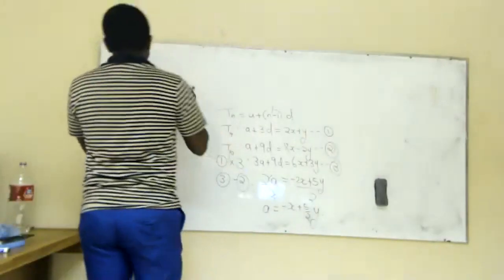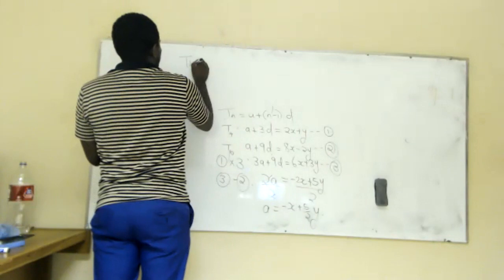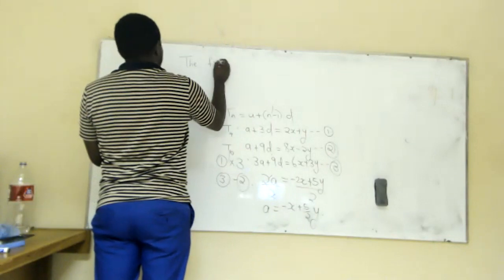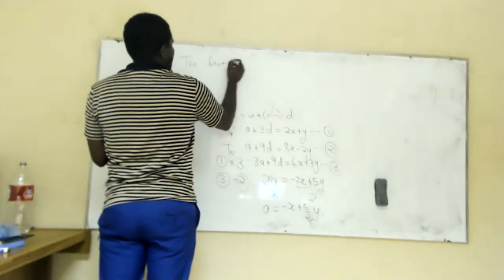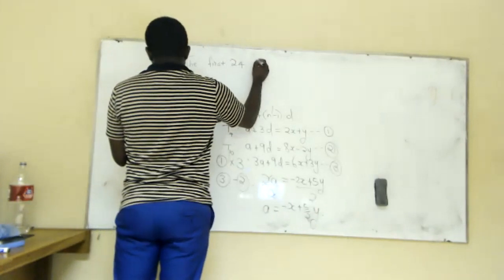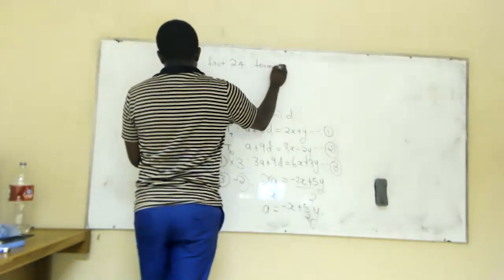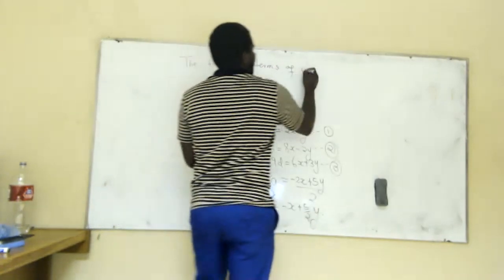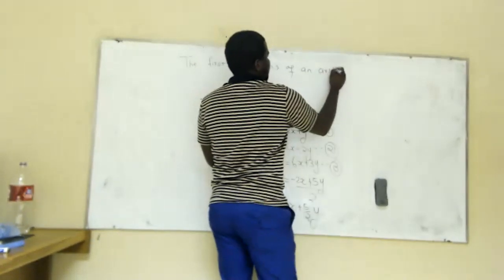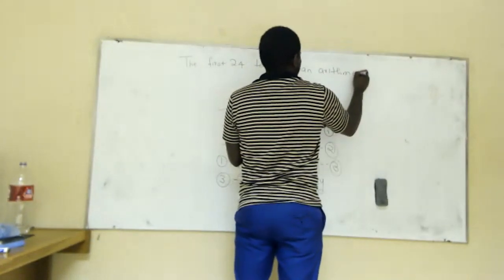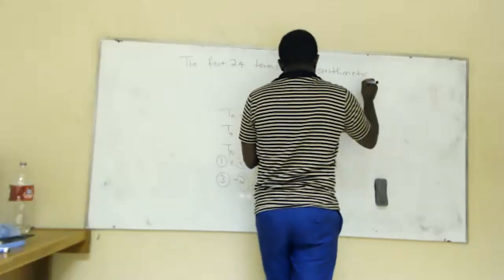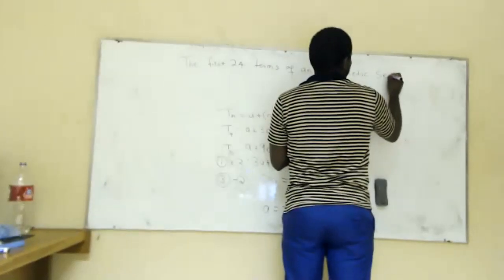So this is the question. We have the first 24 terms of an arithmetic series.